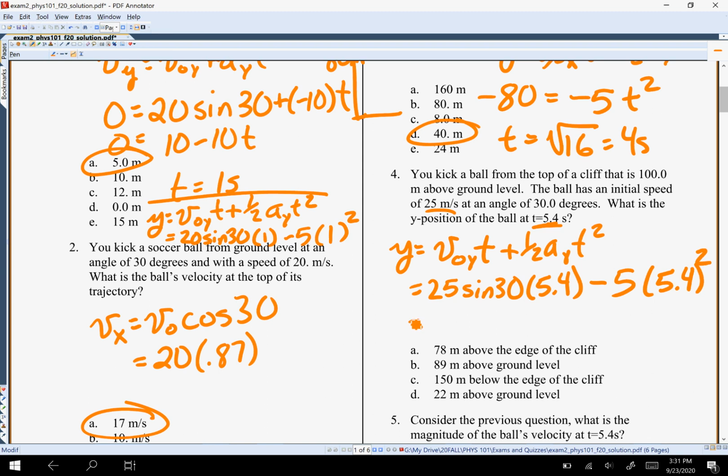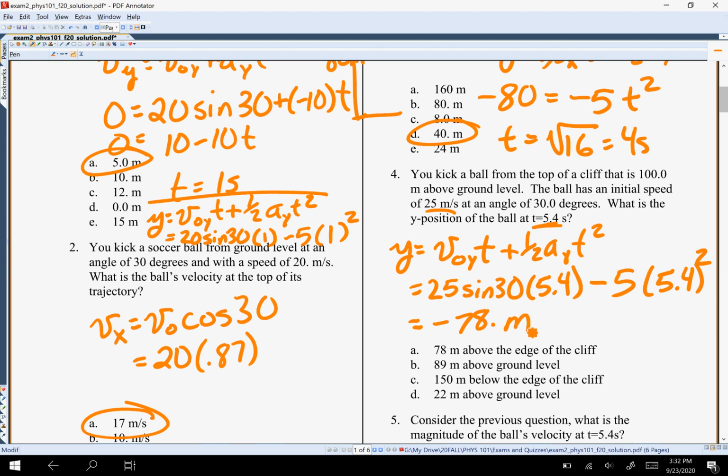And that'll give me my y position at 5.4 seconds. I get minus 78.3.